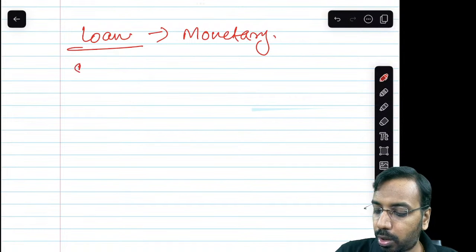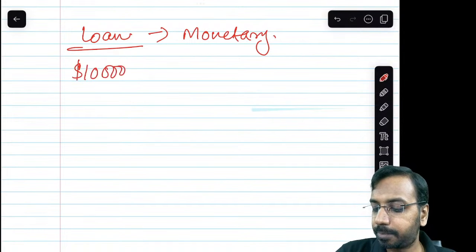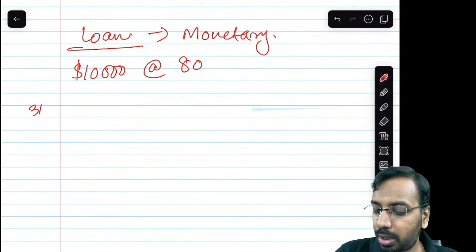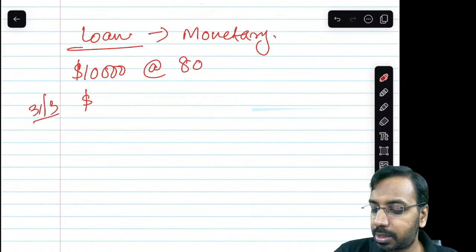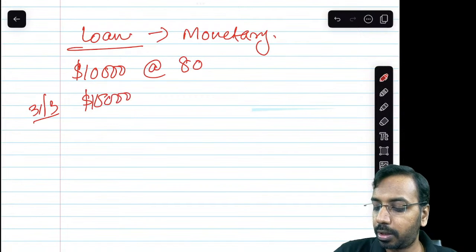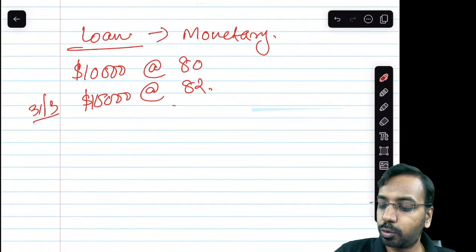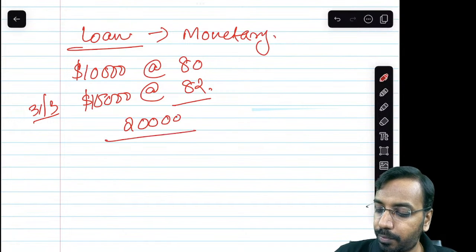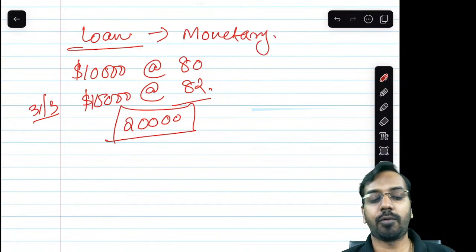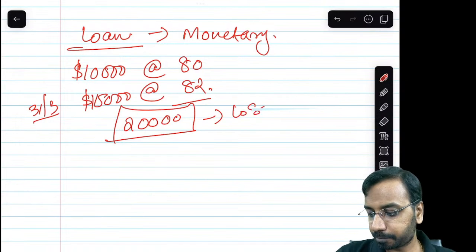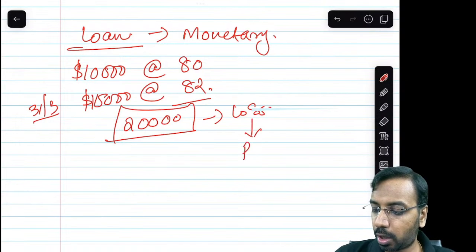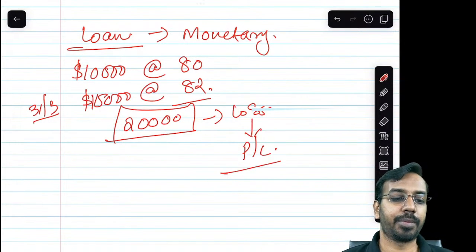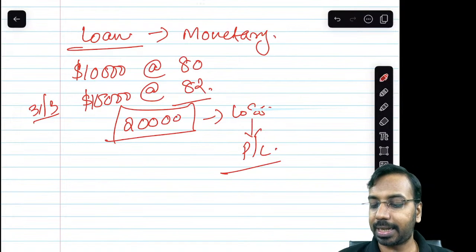If I took a loan of $10,000 when the rate was 80, now on 31st of March the rate is 82, which means 20,000 of loss. This 20,000 of loss should be recognized in P&L.